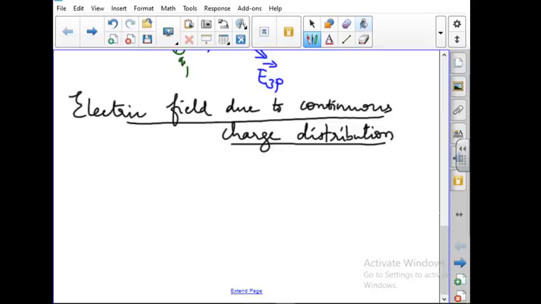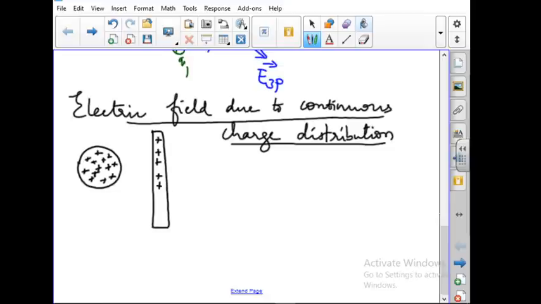We cannot separate the individual charges. Therefore, we can assume that the charge is distributed continuously. So if you take a sphere, the charge is distributed continuously on the charged sphere. We assume that it is uniformly distributed, or if it is a wire, the charges are uniformly distributed over the length of the wire.